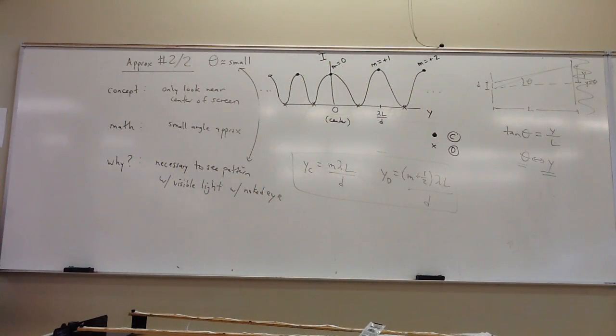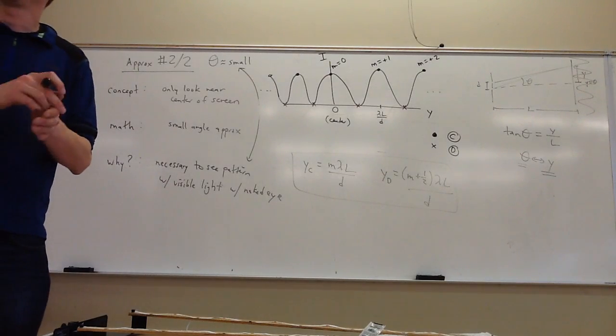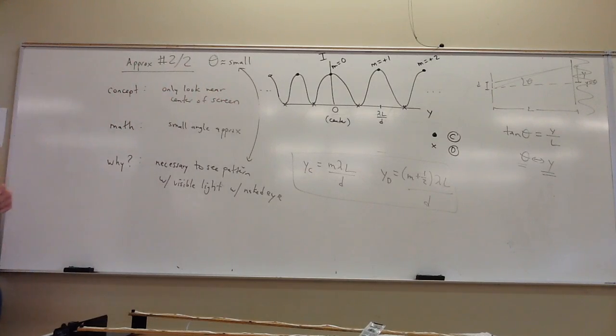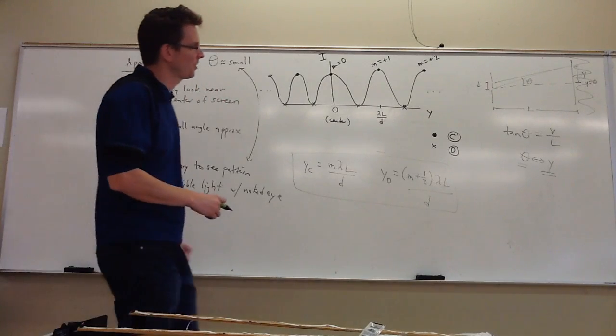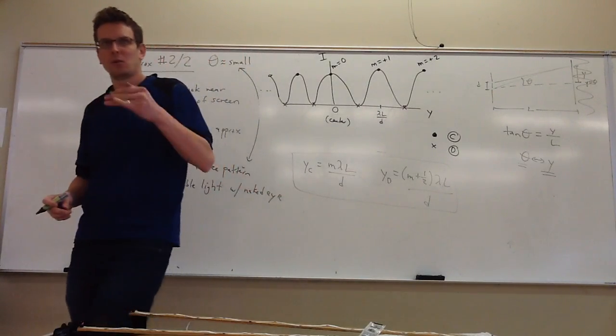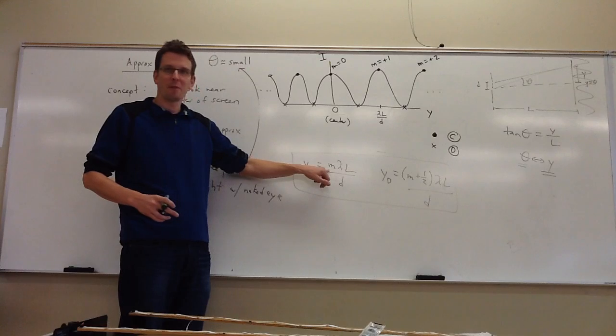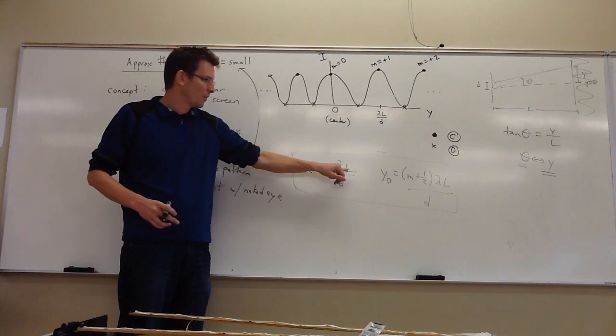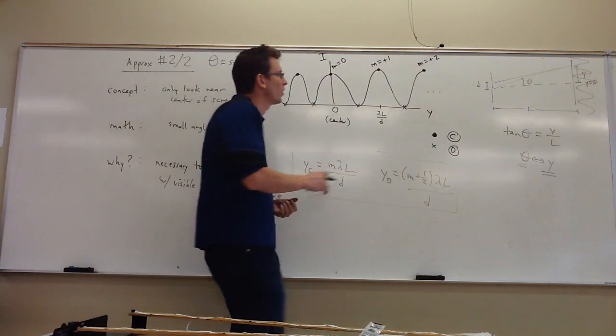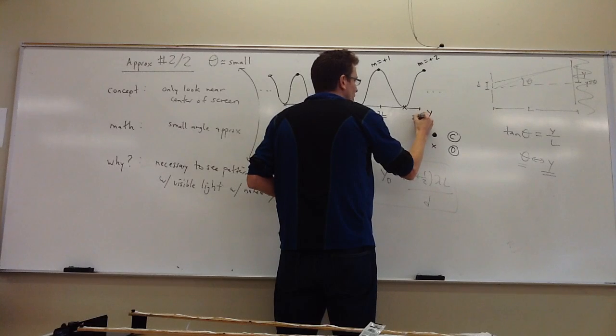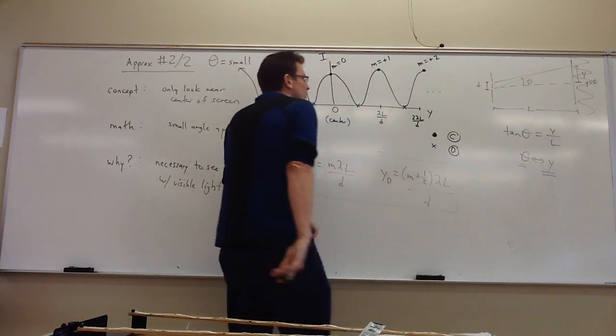This is where the path difference is 2 whole wavelengths, right? So they're offset by 2 wavelengths, which means that they will still line up. With our 2 approximations, we've been able to predict the y location where they're offset by 2 wavelengths. You put in m equals 2, and you'll get lambda L over d times 2. So this one occurs at 2 lambda L over d.